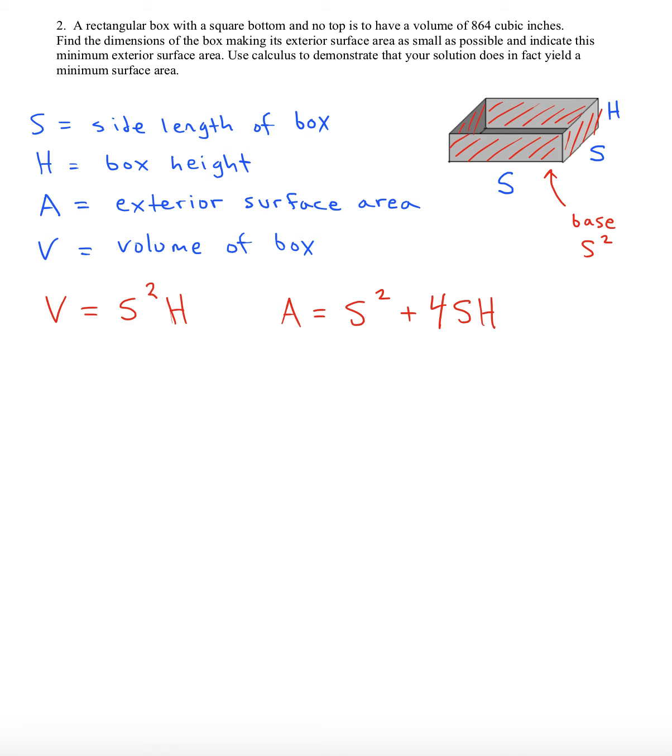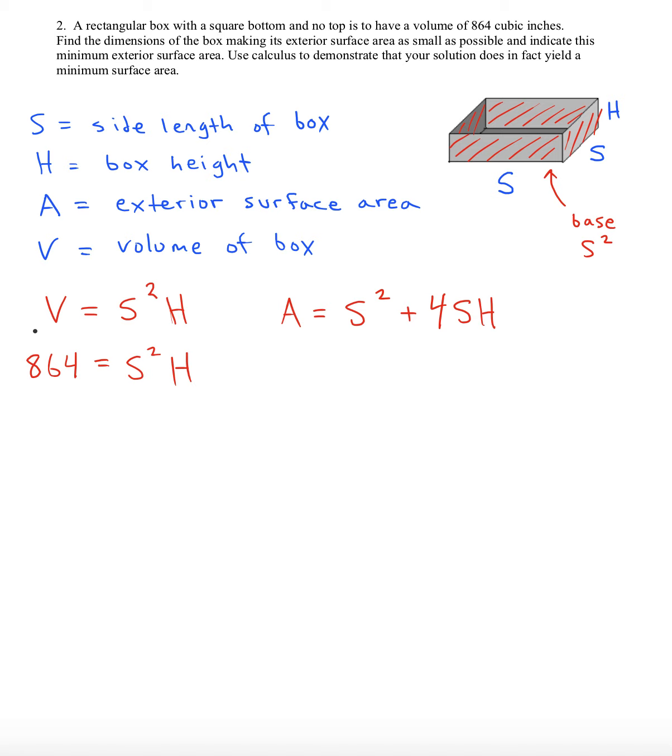Okay, where does the 864 come into play here? Well, that's the required volume. So let's plug that in here. Then we can eliminate the variable V. A lot of times that's what you want to do, is get rid of any unnecessary variables. Alright, so which one is the constraint equation?